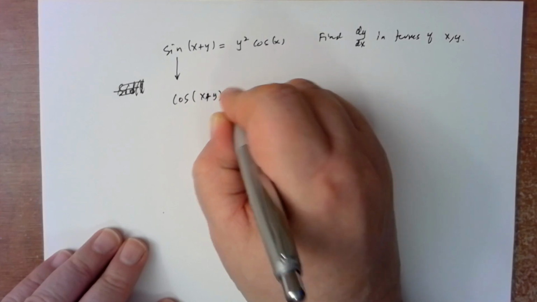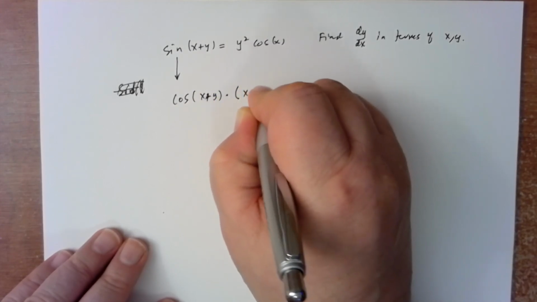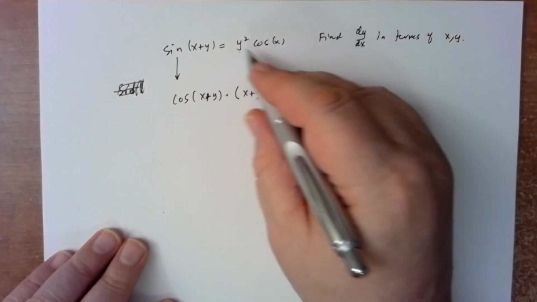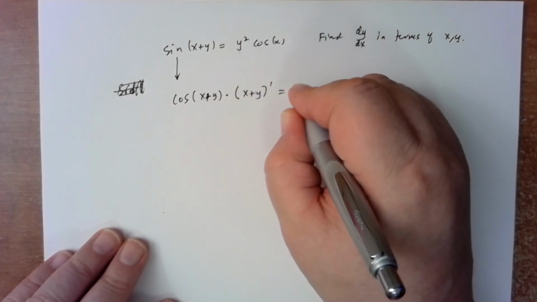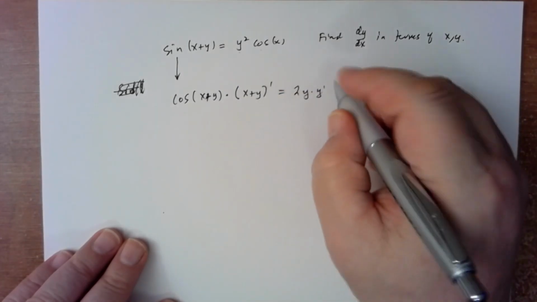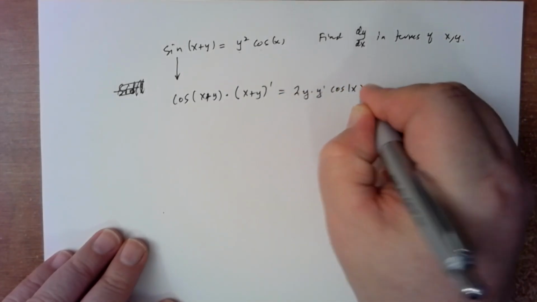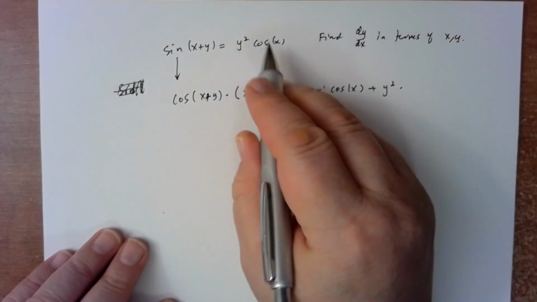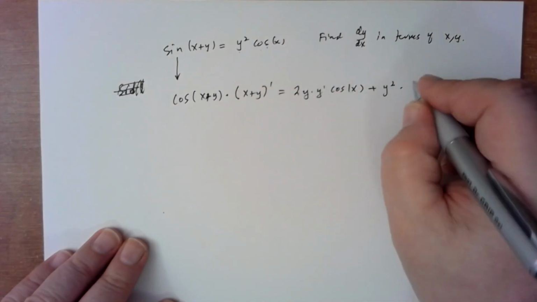Then multiply by the derivative of your inside function equals, this is a product rule, so the derivative of y squared is our 2y times y prime, right? Times the second function, cosine of x, plus the first function, y squared, times the derivative of cosine, which is minus the sine.